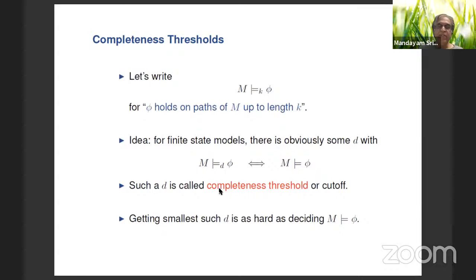That is the reason that there is always a bound. But getting the smallest such D is very hard. So, for example, for invariant properties of the kind G of P, what is a very loose bound D?